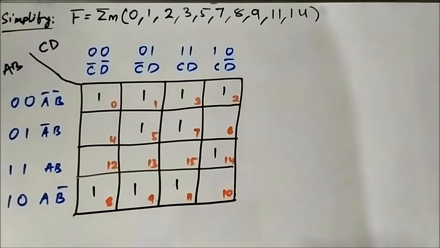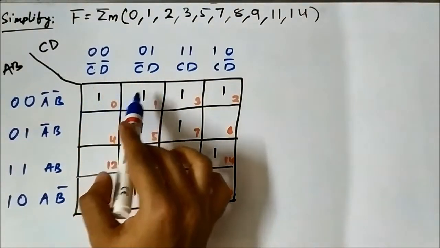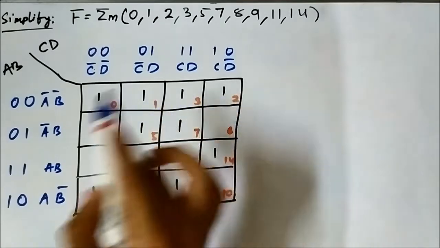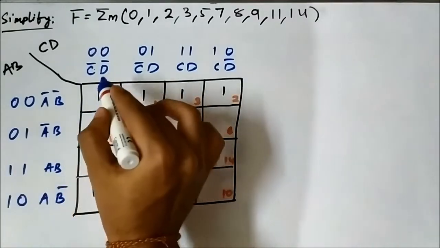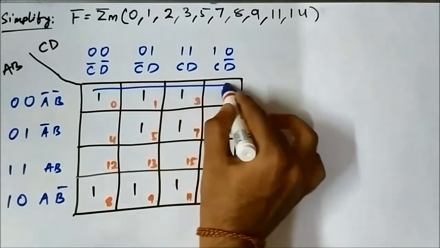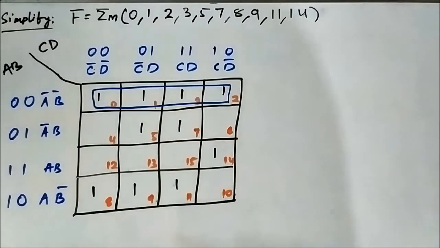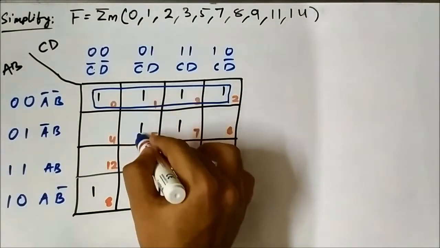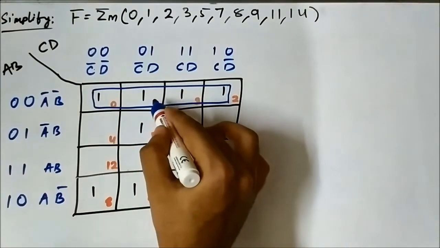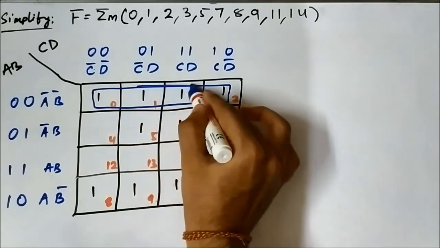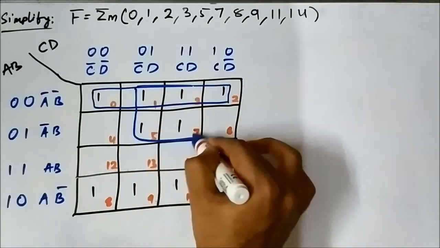So following the rules of group formation, you can see these adjacent cells, 4 adjacent cells marked 0, 1, 3 and 2. We can combine them to form a quad. Okay, that is one group. Then these 4 cells marked as 1, 5, 3 and 7, we can combine them to form another quad.